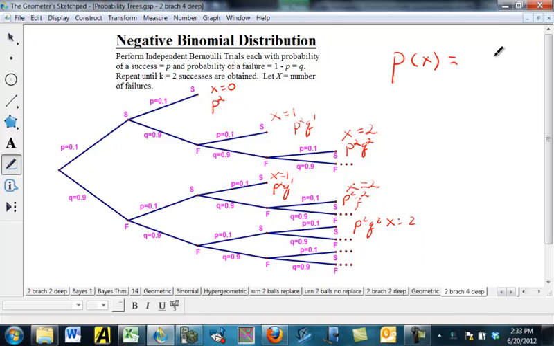Well, you notice that every time we're going to get 2 successes, and then we're going to get x failures. However, notice that when x is 1, that happened more than once. And when x is 2, that happens more than once.